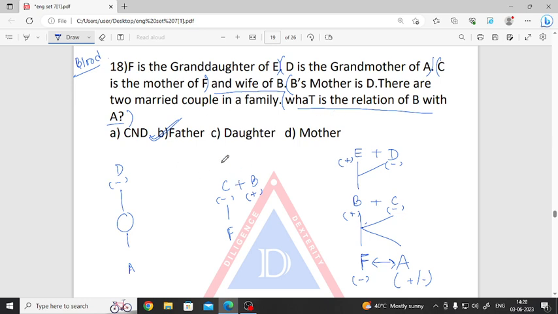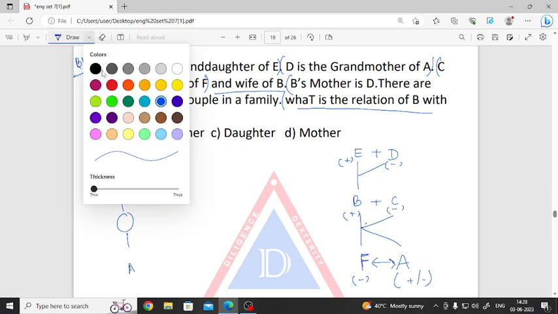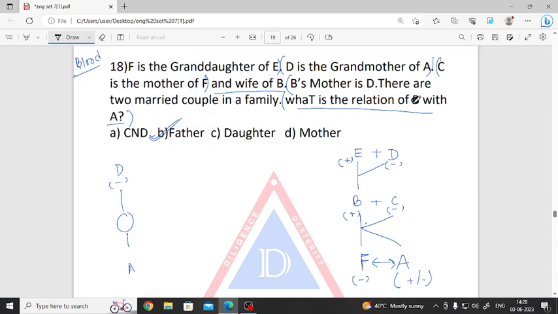But if I just change the question, and if I change the question to what is the relation of A with B, now what is the question?